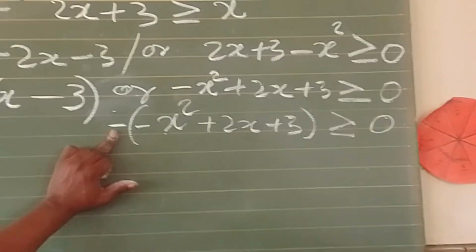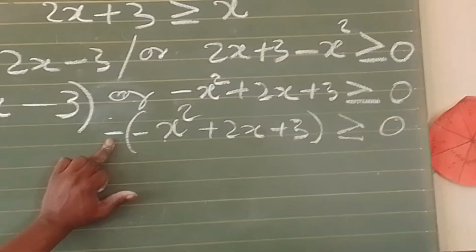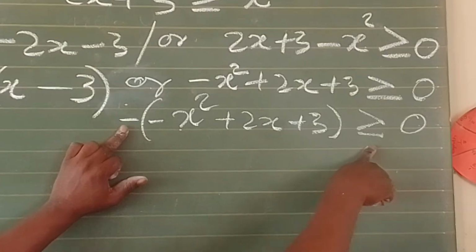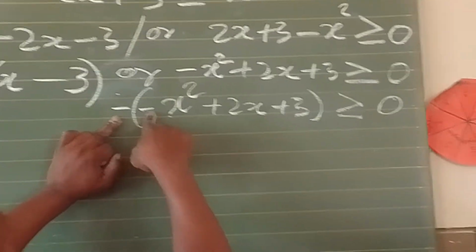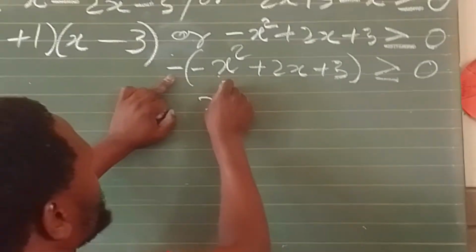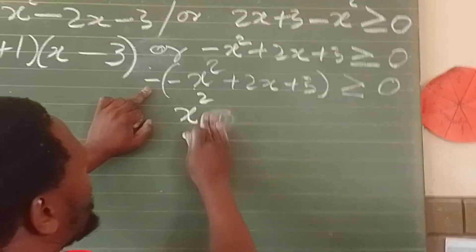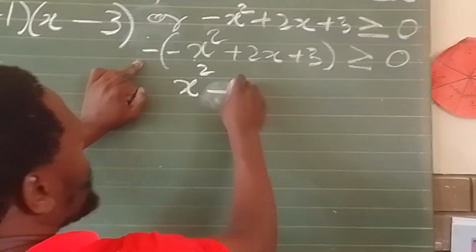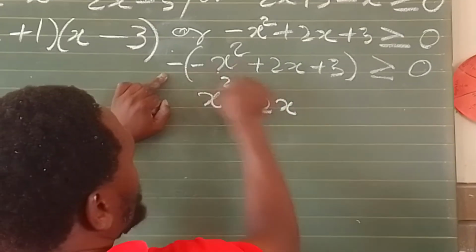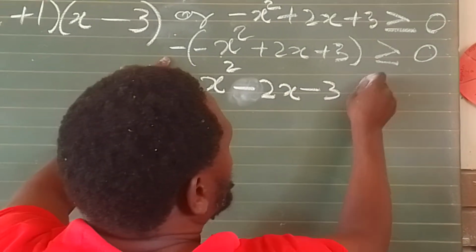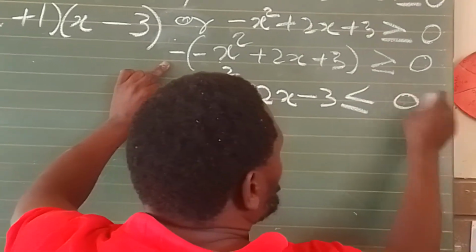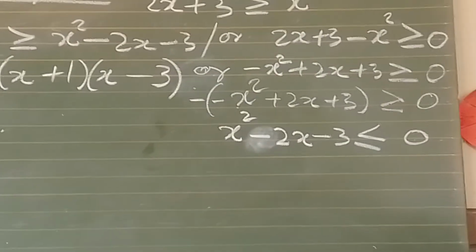It remains 0. Now, this is what I said. You multiply everything by negative, then it will start to change this sign. Check this. Negative times negative is positive x squared, minus 2x minus 3 is less or equals to 0. You see?